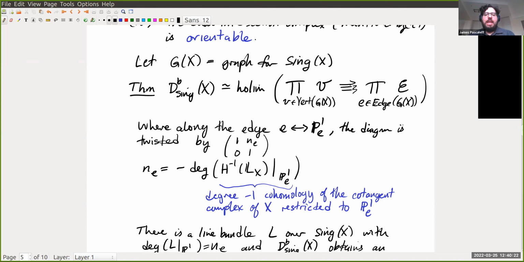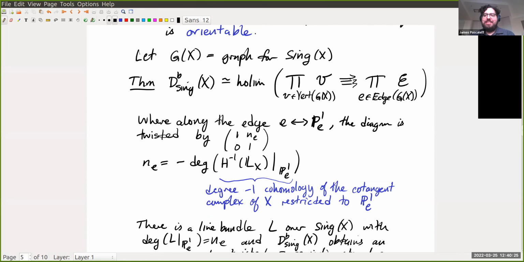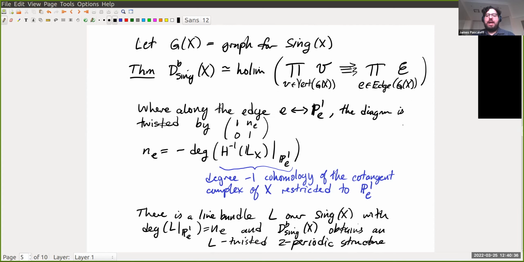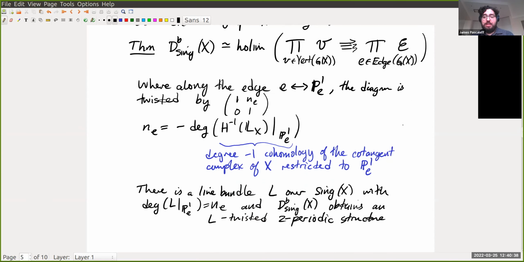And you can ask, what happens with these twists when you twist by this n? How do you determine the twist? The twist is determined by the topology of X, in fact. It's determined by this quantity, which looks a little bit weird. You take the cotangent complex of X and its degree -1 cohomology.